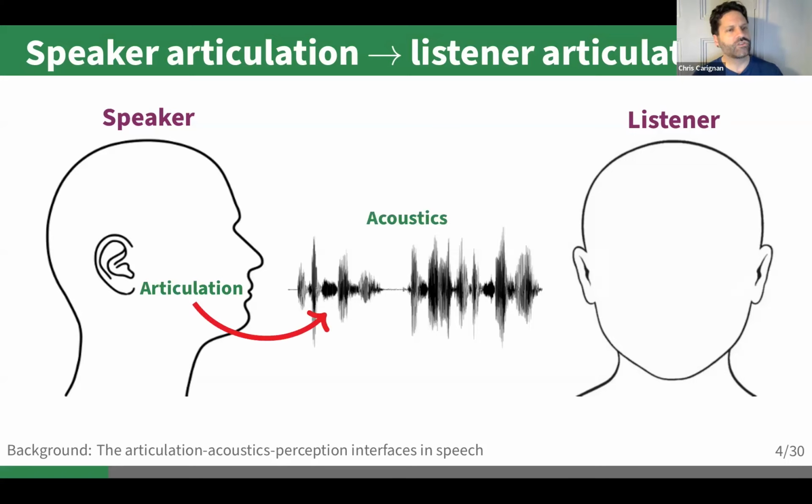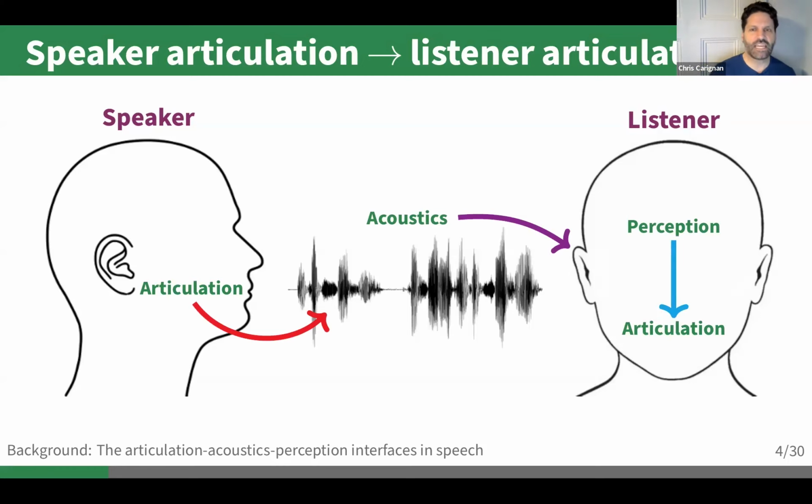And then that has an acoustic effect. Then that is perceived first in the auditory system and then decoded in the mind of the listener. And then if that listener were to recreate that sound and play a part in this thing that we call language and communication, then they articulate what they think that they heard, right?